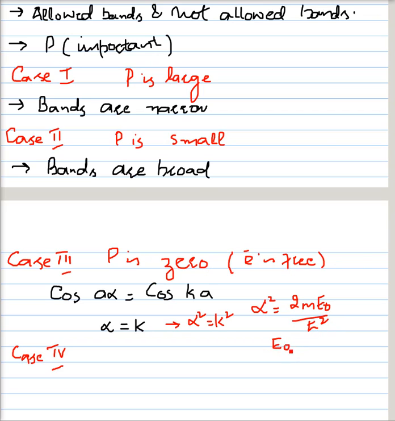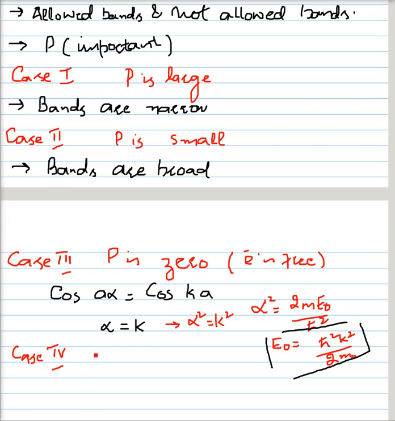So E naught will be equivalent to h cross square k square upon twice m naught. So this is the equation for the free electron, which you already know and which we have already derived, because this whole is equivalent to k square, right?